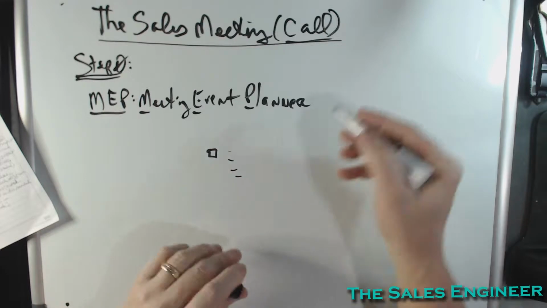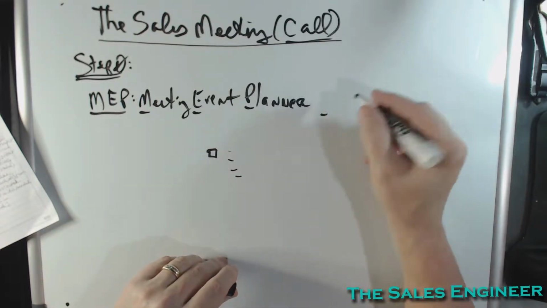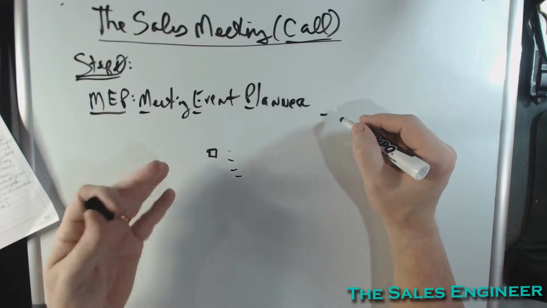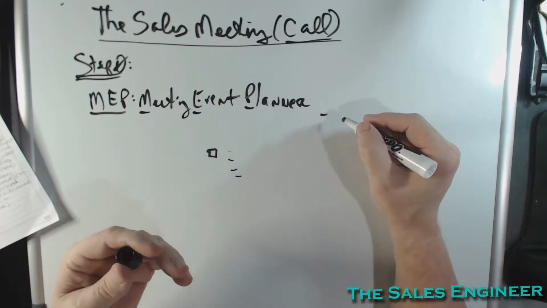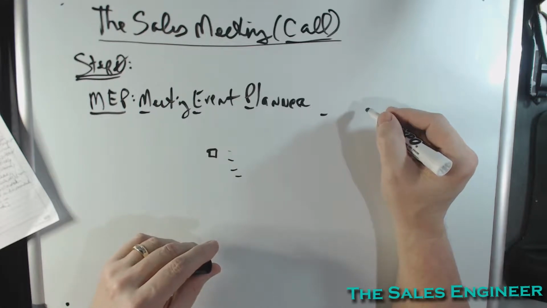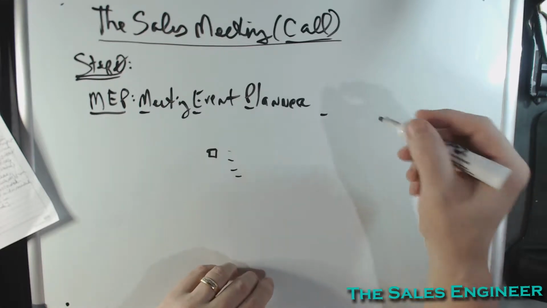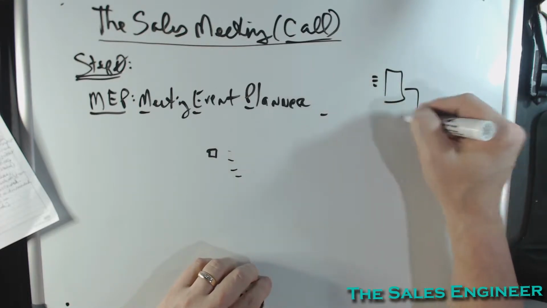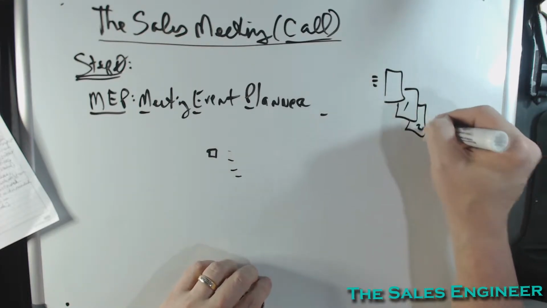The meeting event planner can be multiple pages. It could be either text, bulleted items, objectives, a freeform section, and allows for a listing or a counting of attached documents, right? So let's say we got some other documentation.